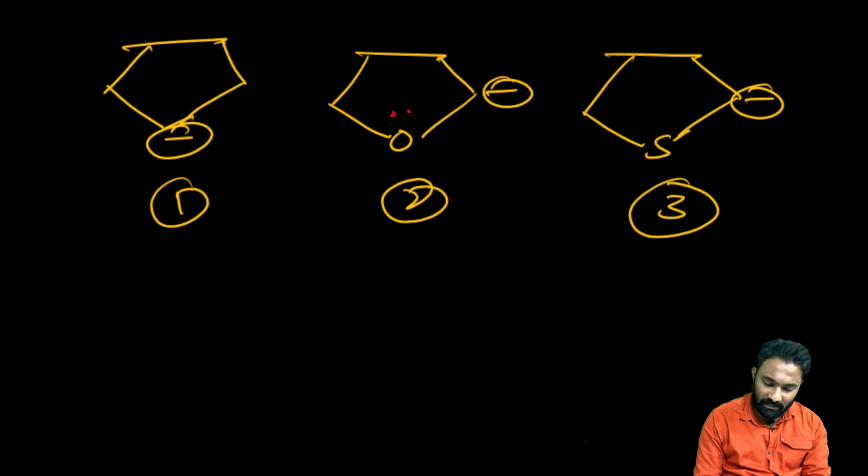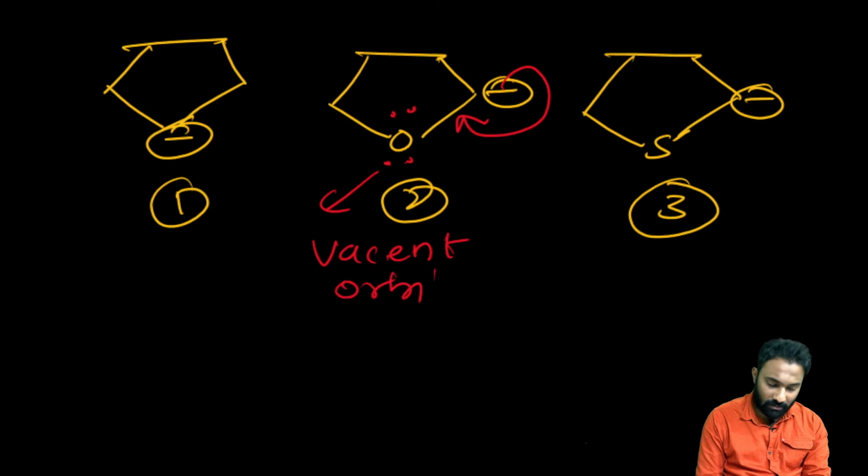In the 2, negative charge delocalization will not happen. Why will the negative charge delocalization not happen? Because the oxygen vacant orbital is absent.